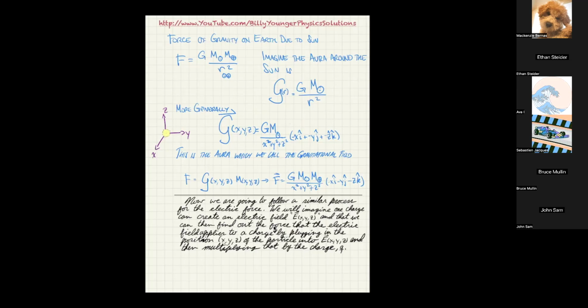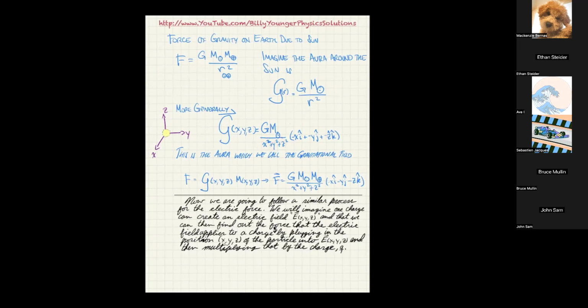So to account for how far away the planet is that is being affected by the sun, we need to know the x, the y, the z of the sun. And that's why you see the x, the y, and the z in it.